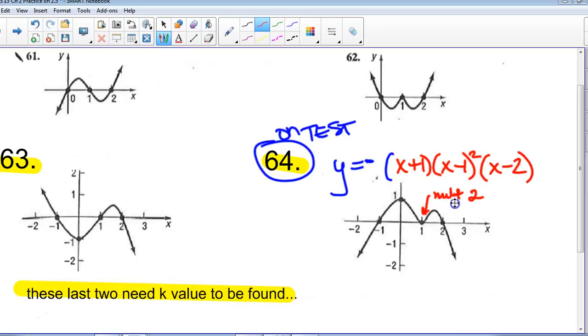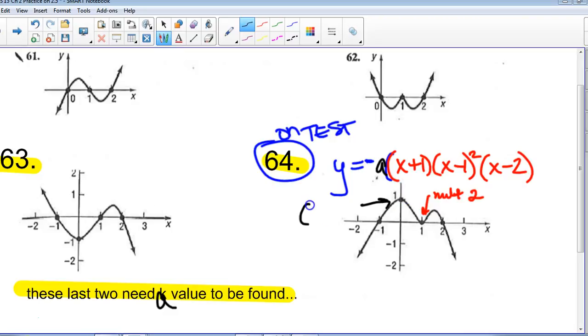Everybody okay? Can you get that right on the quiz? Test? Okay. The trick is, and the trick is the one on the quiz, you have to find the stretch. On 61 and 62, you don't have to worry about it because it doesn't give you a Y scale. But on these two, you have to find, we've been calling it A, right? This stretch out here. The ordered pair they give us is this one.